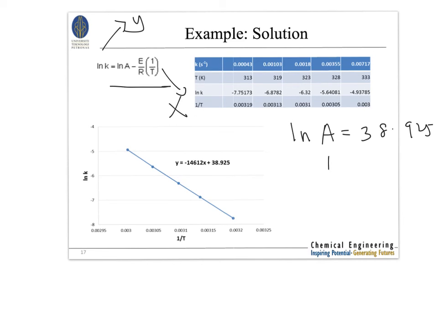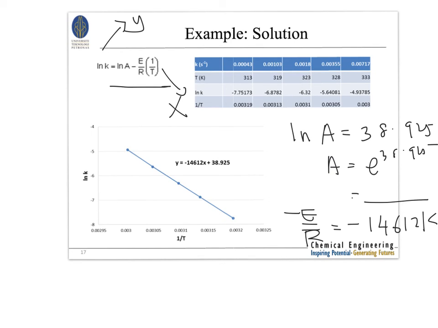So to get A, you just take the inverse of this value, and you will get A. And to get the activation energy, you have E over R equals minus 14612, which is in unit Kelvin. You can also calculate the slope of the line, so you will get this value, and R is the constant, so you will get the value of E.